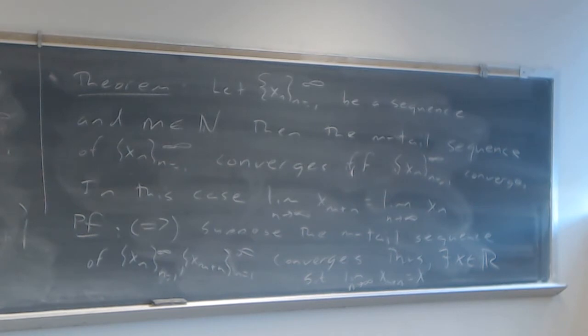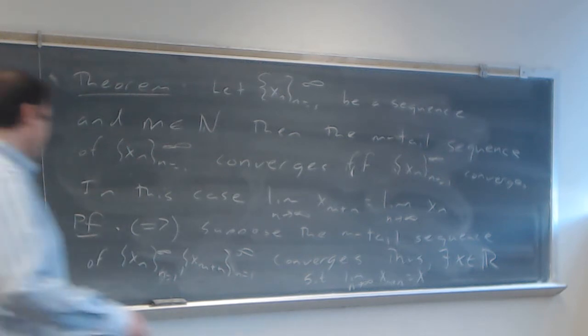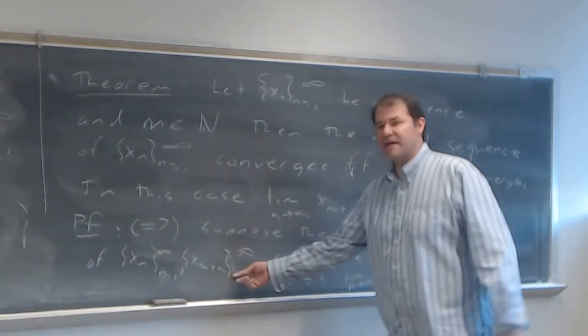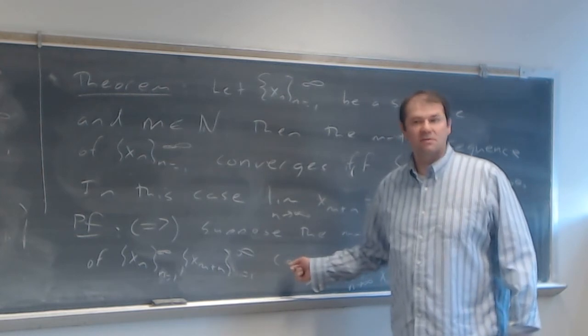Now, our goal in this direction of the proof, what we're trying to show, is that x of n itself converges. And not only am I going to show that it converges, I'm going to show it converges to the same thing. That means I'm going to show x of n converges to x. Is that okay? So the idea is, this tail sequence gets really close to x.